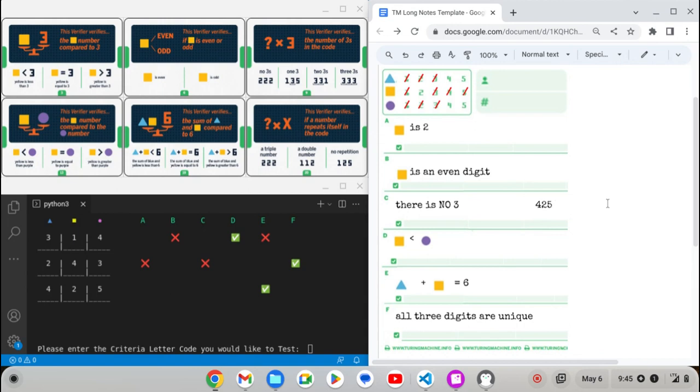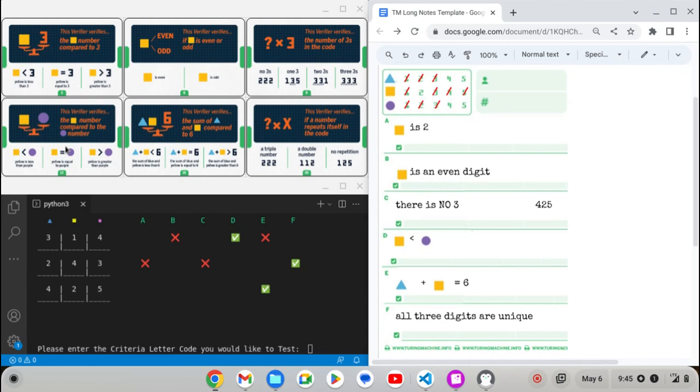Okay, so again, our 3-digit code has to be a unique code that meets all these criteria. Let's go back. Square is 2: we confirm that it is even and it's less than 3, so it must be a 2. We tested C and there are no 3s.